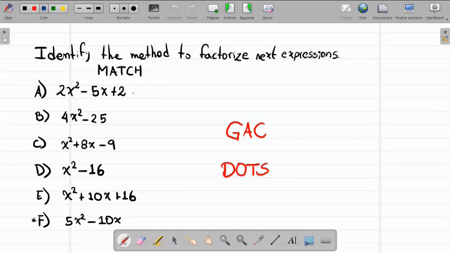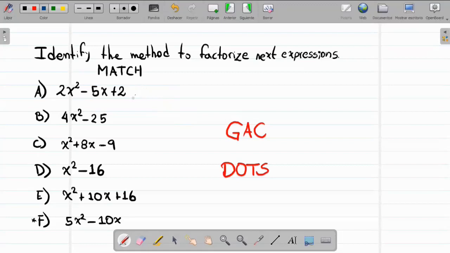Stop it just for 1 minute and try to match with lines these specific exercises. If you see, you have 1, 2, 3, 4, 5, 6 exercises. So pause the video right now and take 1 minute to do the exercise.